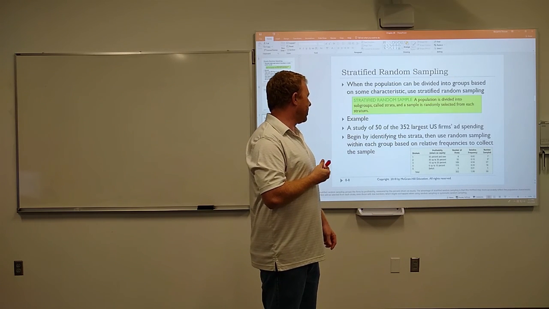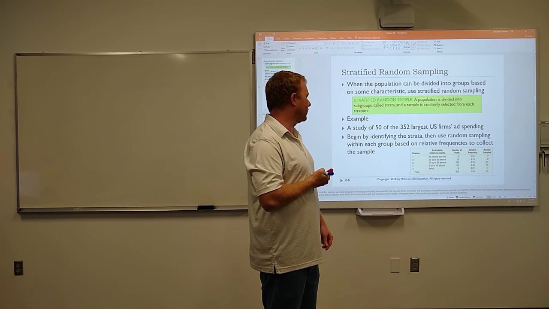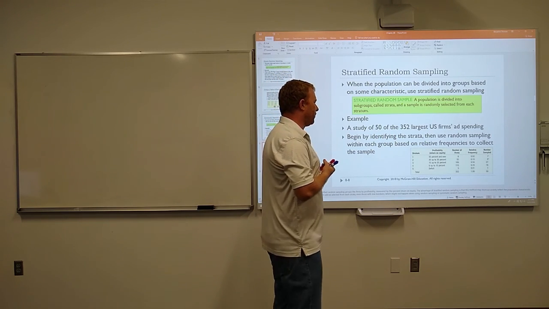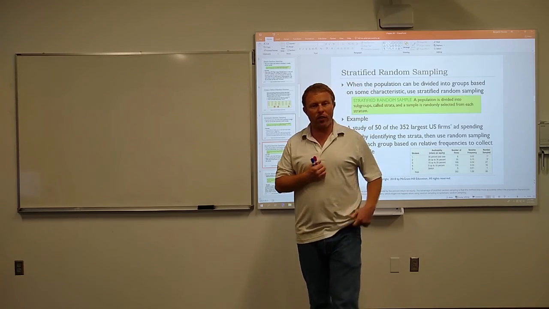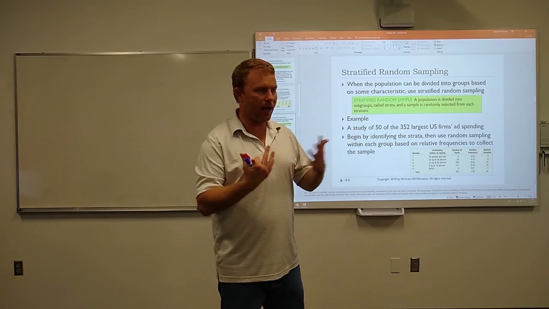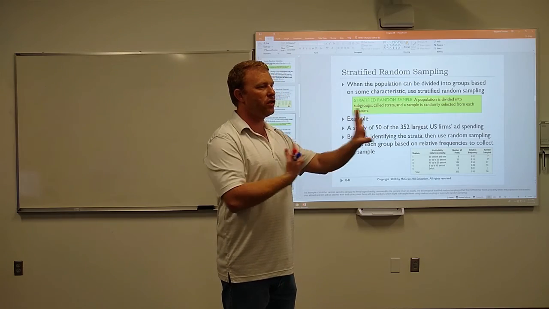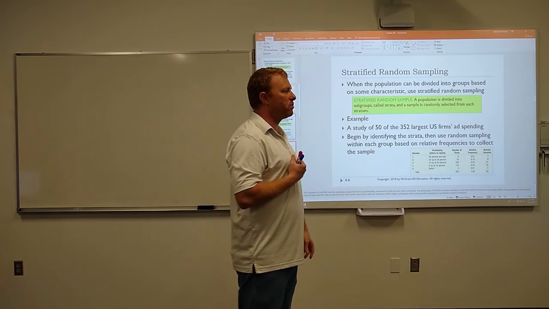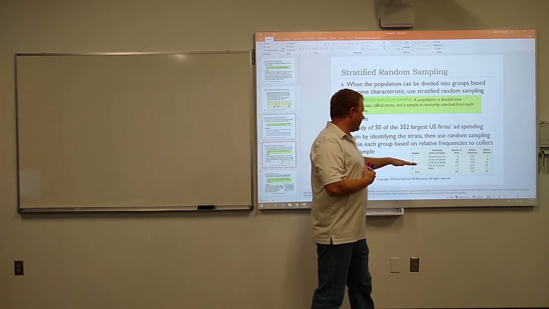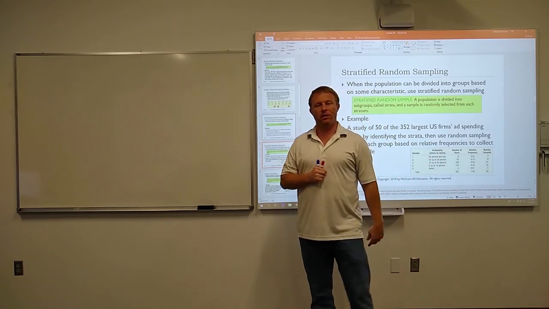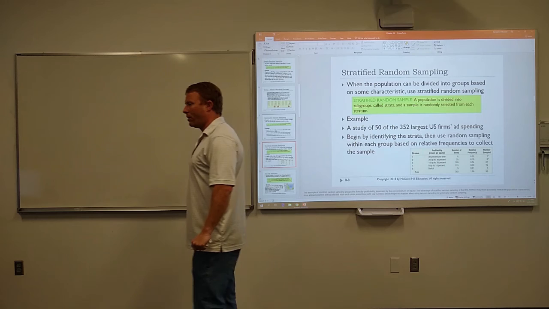Okay? 0 to 10%, 115 is about a third of 352. 16 is about a third of 50, isn't it? So see how the proportion in the sample is representative of the proportion in the population. Therefore, we can ensure that each group is represented proportionally.